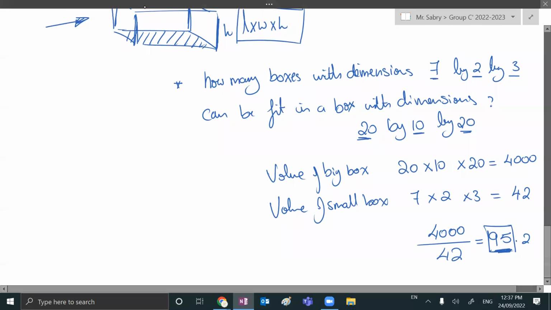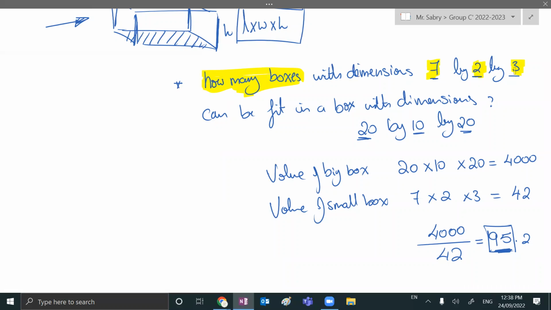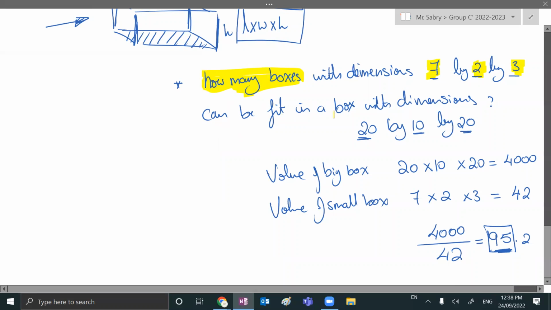Okay. Again, the question is mainly the following. He's asking how many boxes with the dimensions of 7 by 2 by 3, which are the dimensions of one type of box, can be fit in a box with dimensions of 20 by 10 by 20.